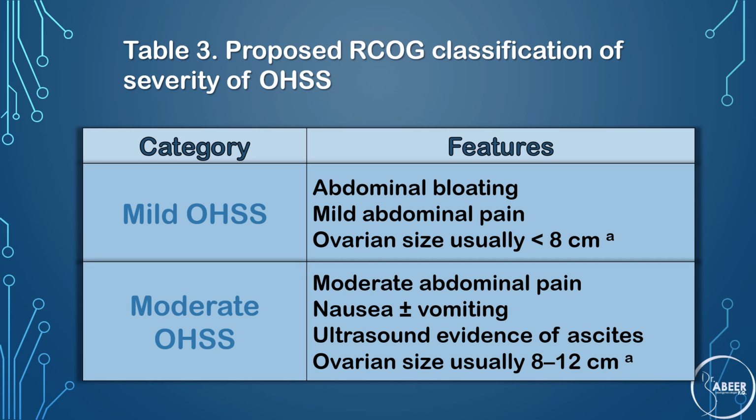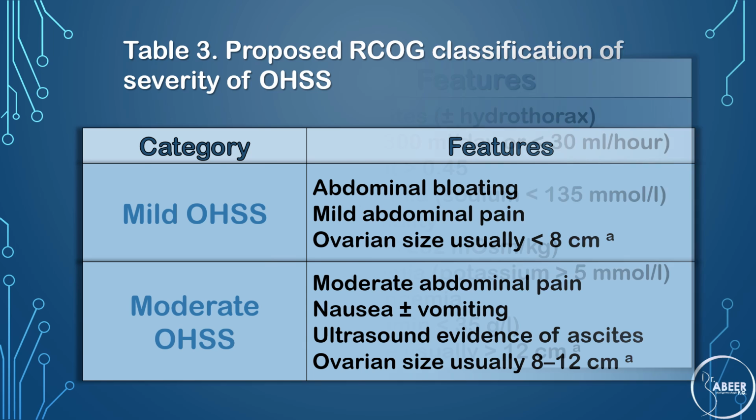Moderate ovarian hyperstimulation syndrome: moderate abdominal pain, nausea, with or without vomiting, ultrasound evidence of ascites, and ovarian size usually 8 to 12 centimeters.